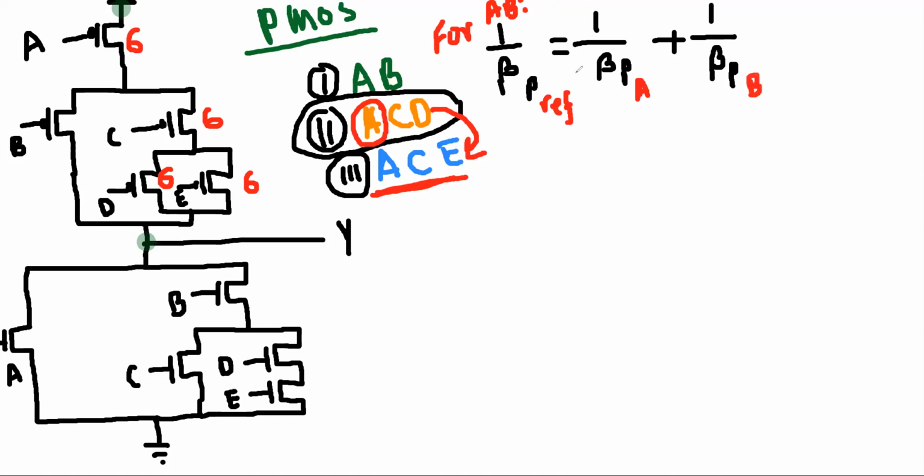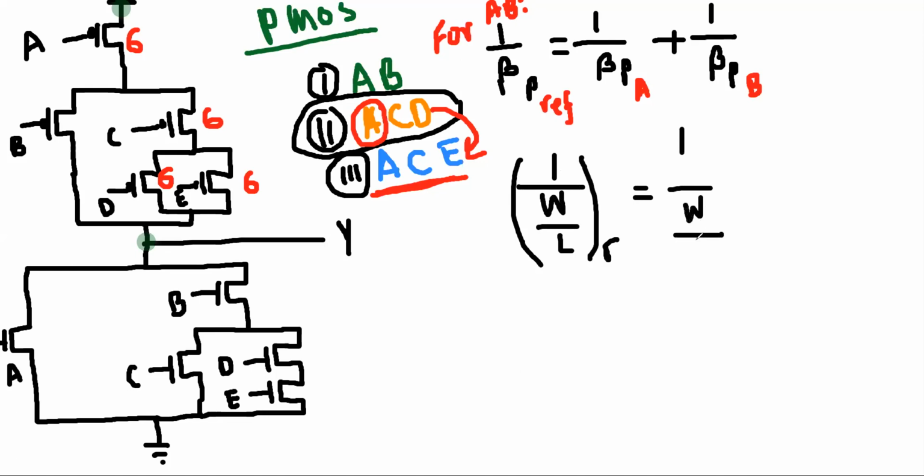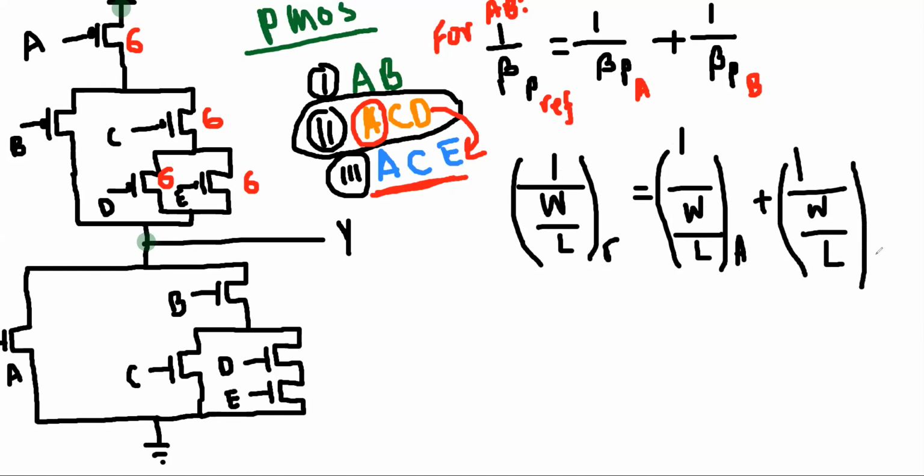So 1 divided by beta P reference equals 1 divided by beta P A plus 1 divided by beta P B, right? Yes, sir. This is the formula. Now again, you have to make it 1 divided by W by L. This is for reference, this is for A, and this is for B. Remember, they are all P MOSFETs, so you can write LP, WP.